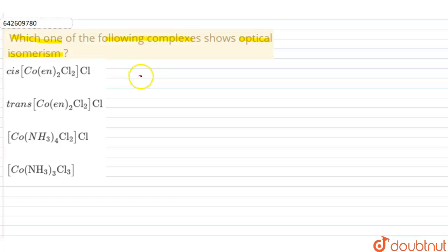Now, the very first thing which needs to be clear in our mind is how do you detect or identify optical isomerism in coordination complexes?